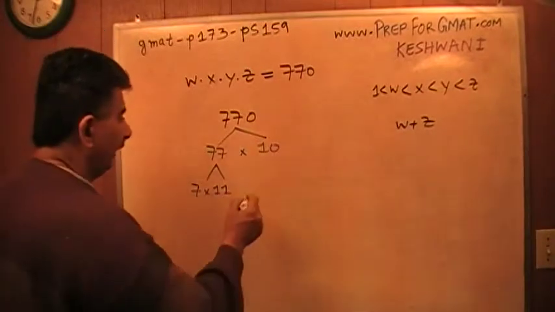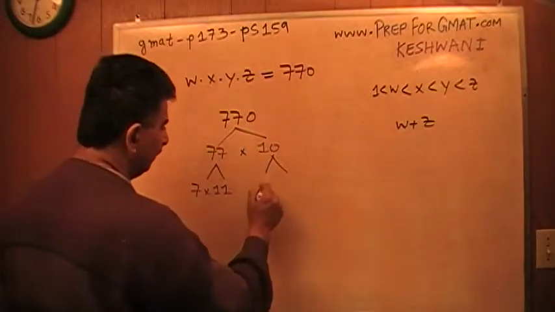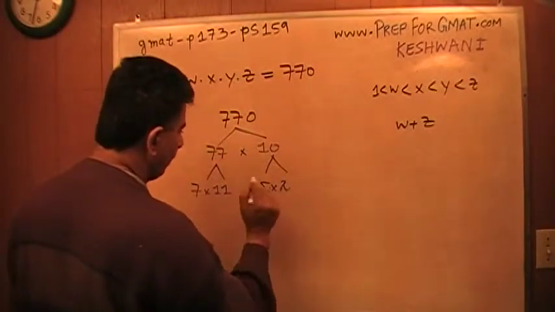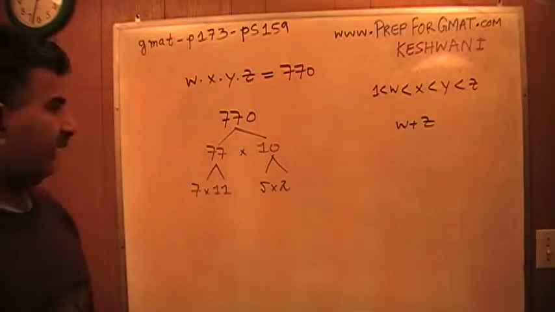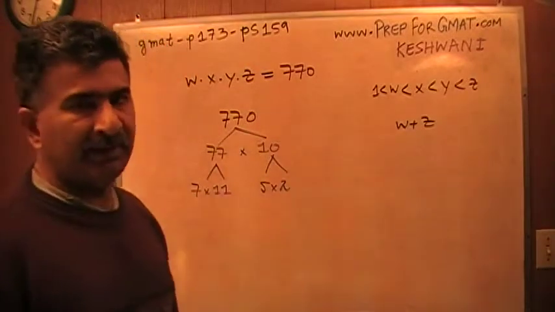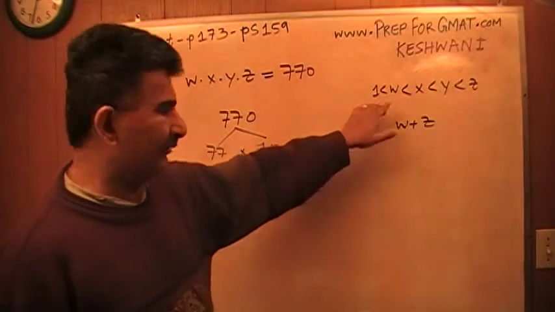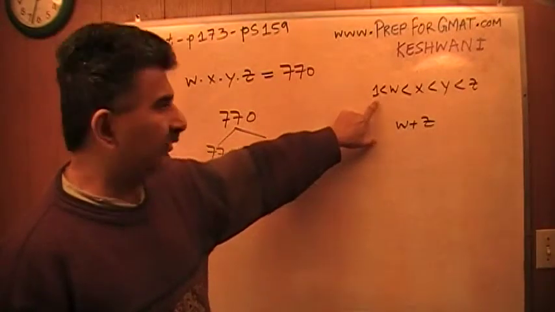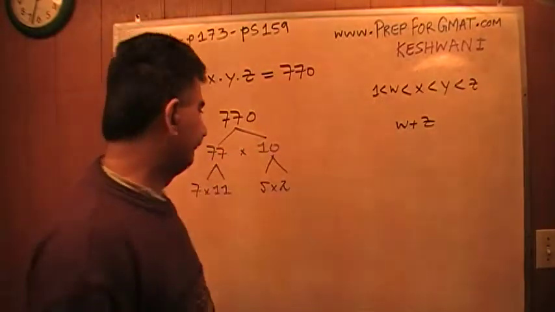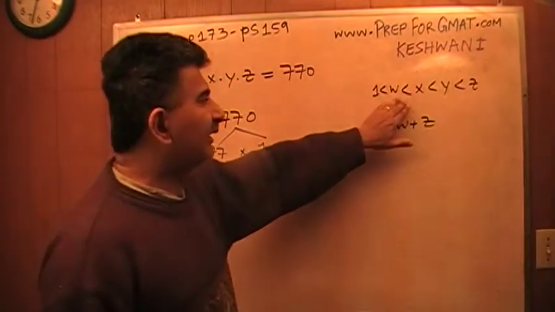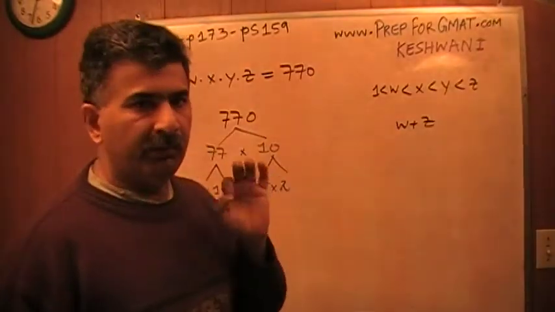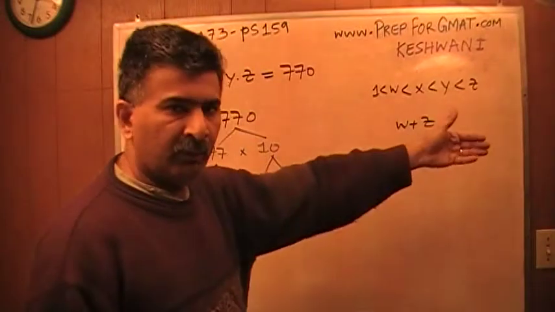Similarly, I can break up 10 into 5 times 2. Hence the importance of the information that they have to be more than 1. The fact that they are in this order will come into play when we arrange them in order.